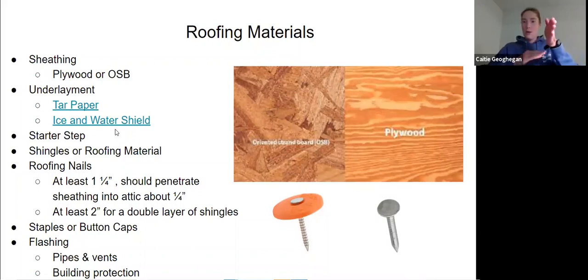So let's say this is my exterior wall, my roof hangs over. I need to go from the edge of my roof 2 feet in past my exterior wall with ice and water shield, and then the rest can be tar paper. So I don't think that that's required in Washington. I don't remember ever doing that at Habitat, but it's something to think about depending on where you are. Good questions.